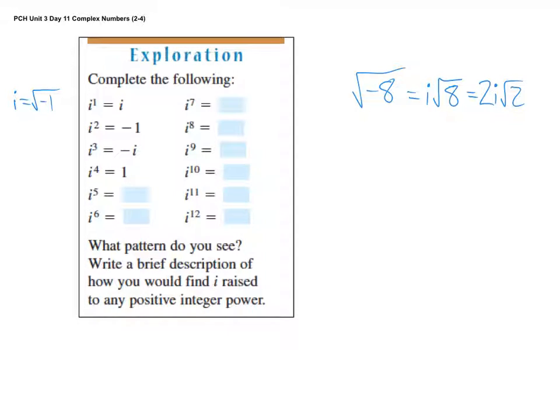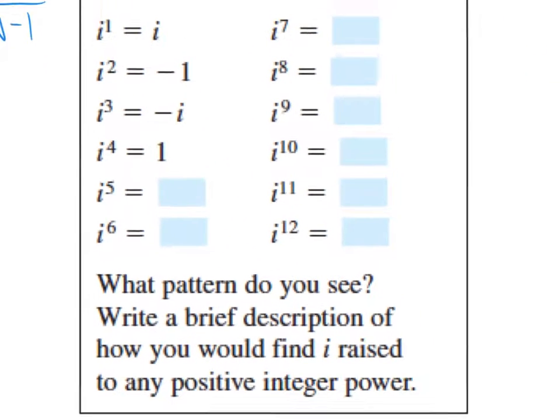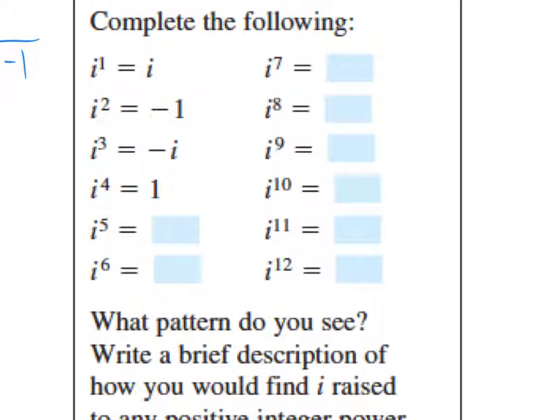Now, another thing we have to understand with i's is that we're never going to leave i to a power other than 1. We're never going to leave an answer that has i squared or cubed or to the 10th power or anything like that, because there's a pattern. We already talked through i to the 4th power. If I were to do i to the 5th power, well, raising it one more power is just multiplying by i again.